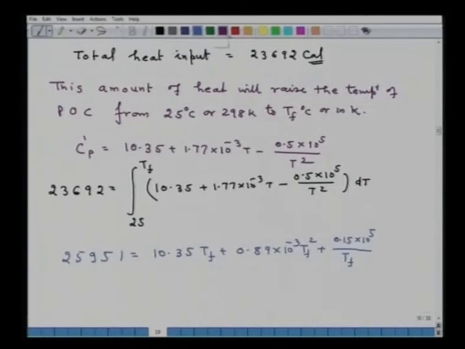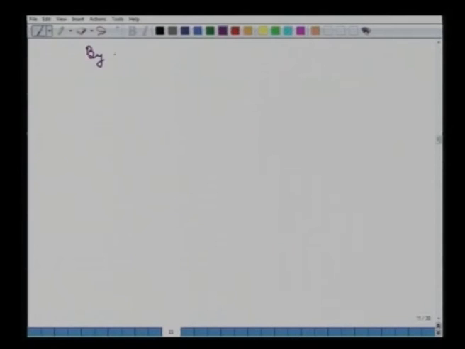So, to illustrate what I have done, I have neglected the last term, and then I can straightaway solve, say by neglecting the last term, that is 0.5 into 10 to the power 5 upon Tf, then I can straightaway calculate Tf by quadratic equation.